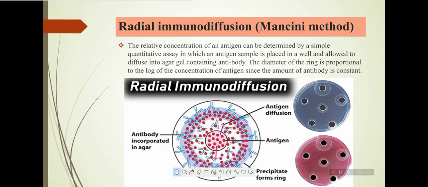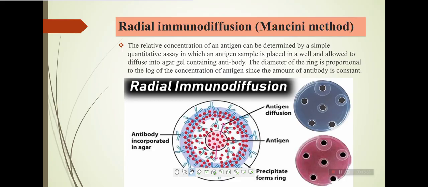Another technique is radial immunodiffusion. What is radial immunodiffusion? It is a technique by which we measure the concentration of an antigen.